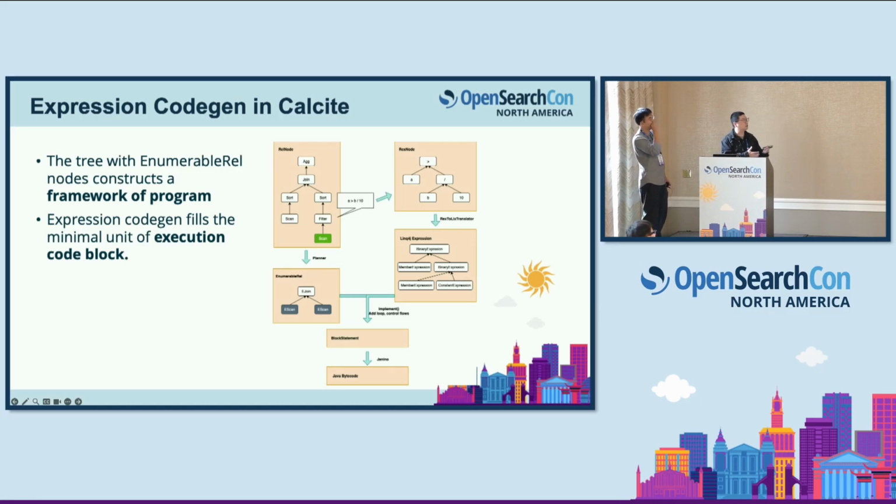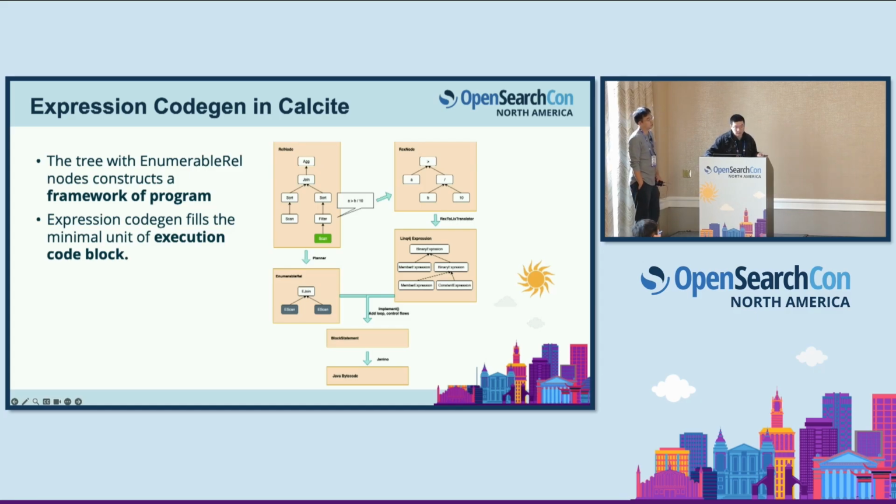But we still have lots of expressions in the SQL. For example, there is a filter in this plan, maybe something simple like a larger than b divided by 10. This is a simple expression. The expression will construct an expression tree. In Calcite, the expression tree will be translated to a Linq4j expression.